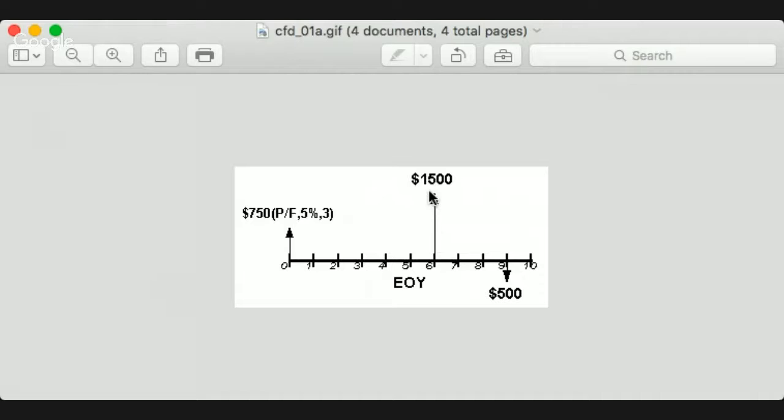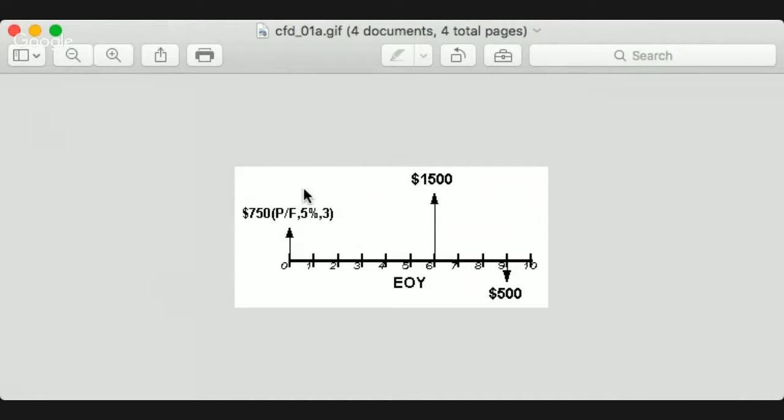Then we'll take the $1,500 and move it to time 0. And before we get there, we can say, sure, we know how we would do that, right? We know what that would look like. We would add to this $1,500 times the factor P given F. We want to find a present amount given a future amount.